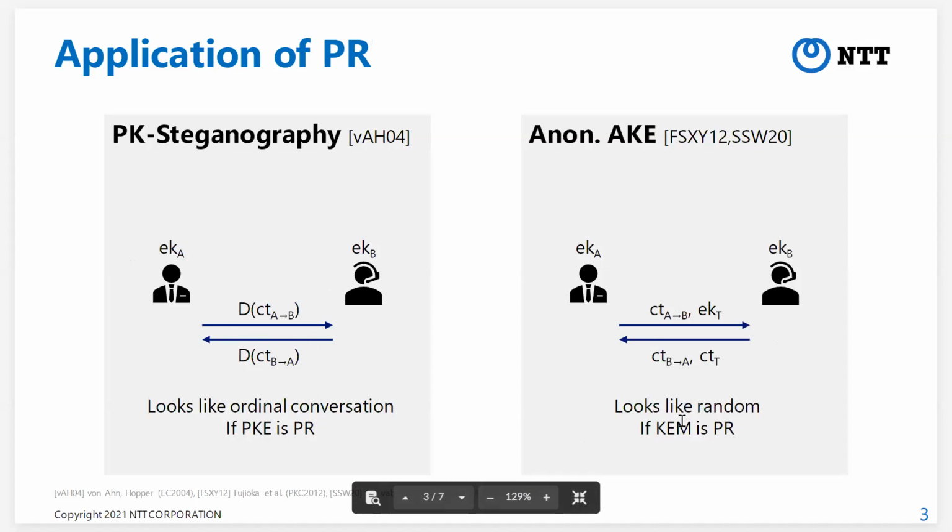On the right-hand side is anonymous AKE, authenticated key exchange. If ciphertexts look random, then the transcripts are also pseudo-random. Therefore, even if we get the transcript only, the receiver's and sender's anonymity is preserved.